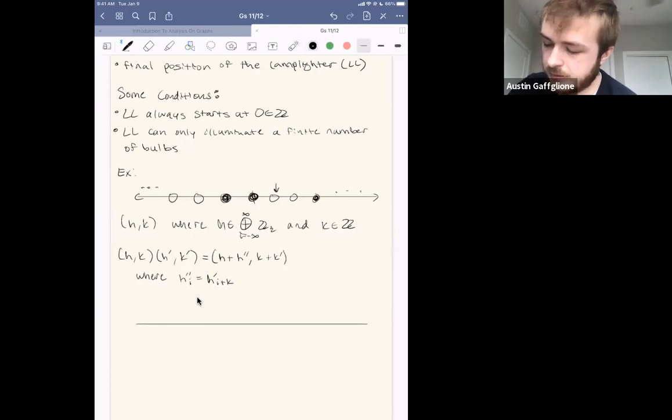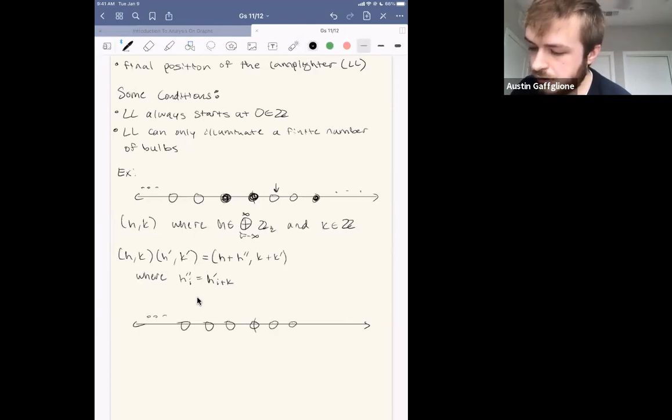Suppose I have this bi-infinite street, and then 0, -1, -2, -3, and so on, and then 1, 2, 3, and so on. And let's suppose we have h comma k.